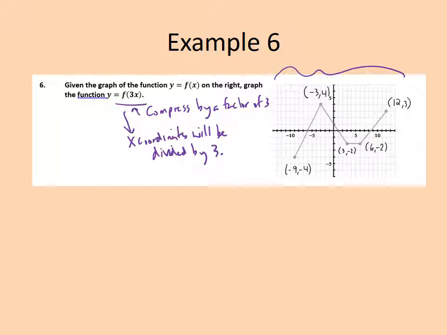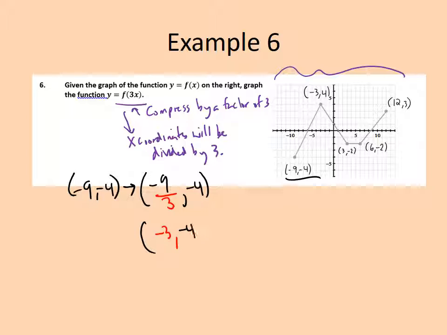Remember, anything horizontal is opposite what you think. So our original coordinate was -9, -4, which we're going to compress by 3. So we're going to take that -9 and we're going to divide by 3. So our new coordinate is -3, -4. So here's our new coordinate right here.